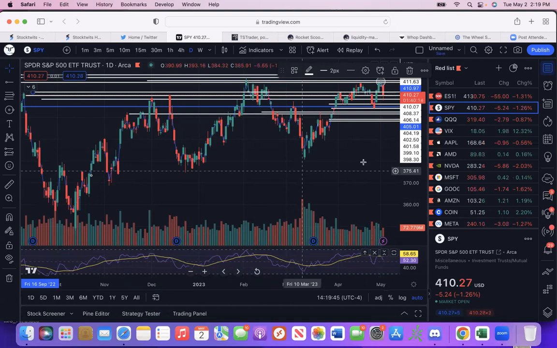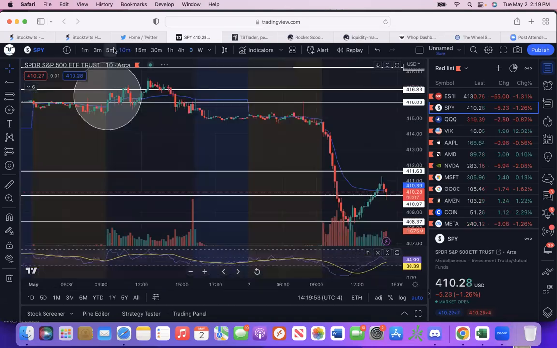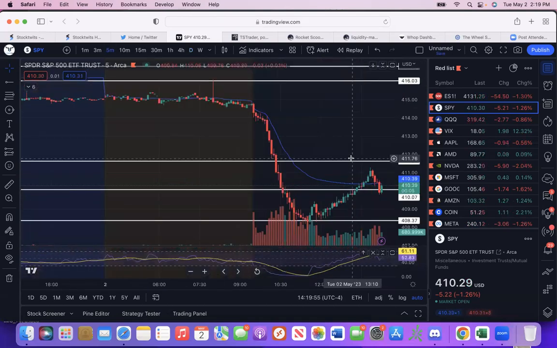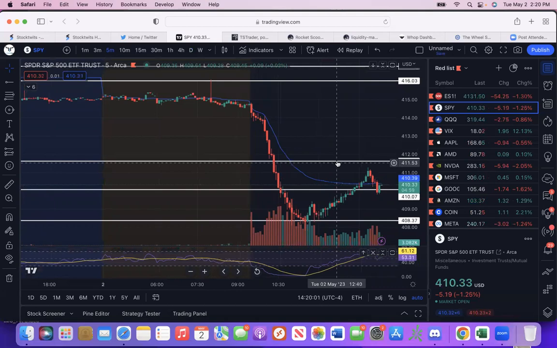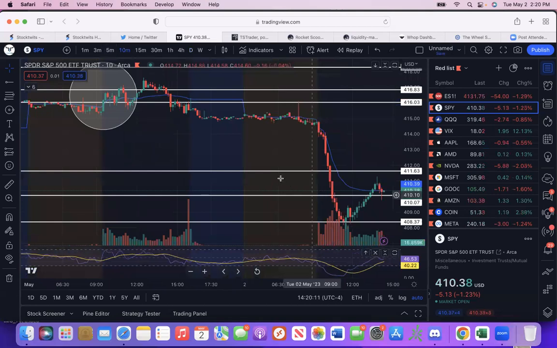I mean, again, another level. I got 411.63. And I'm looking at my chart right now. On my past chart, it was 411.50 I had it at. So again, just simple things you could look at.